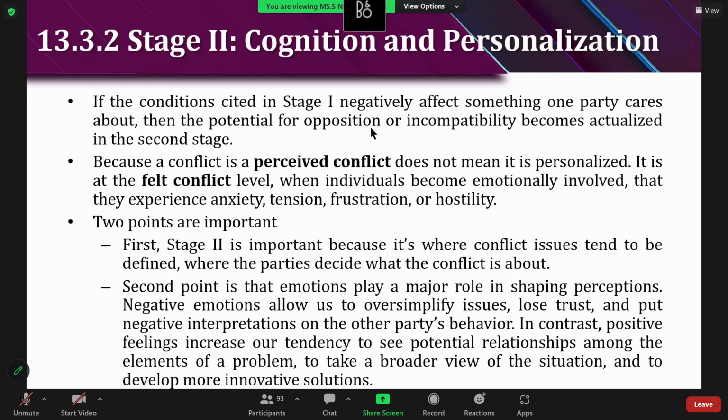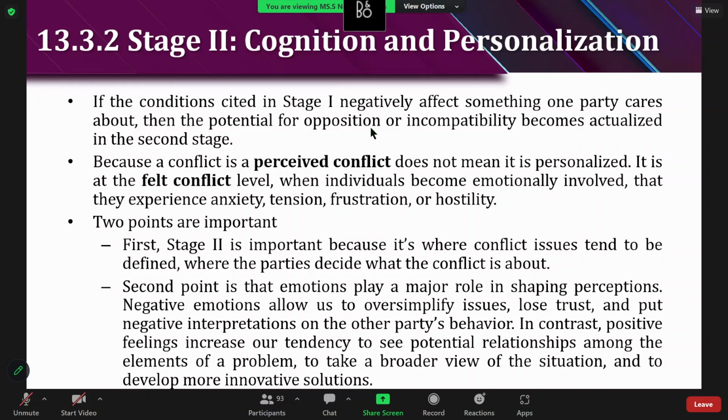If the condition cited in stage one negatively affects something one party cares about, then the potential for opposition or incompatibility becomes actualized in the second stage. So when it is affecting something which one party gives importance to, or cares about, the conflict becomes actualized in the second stage.